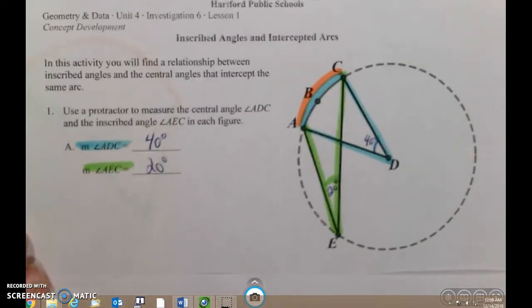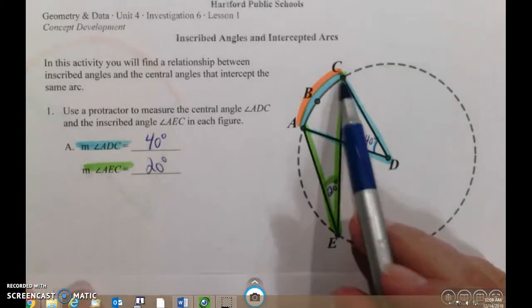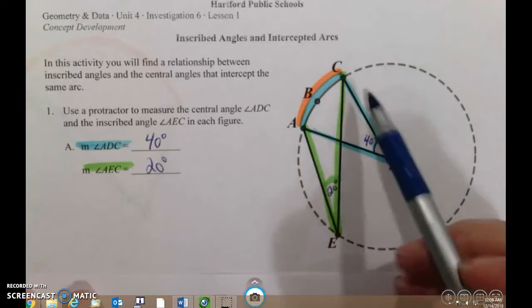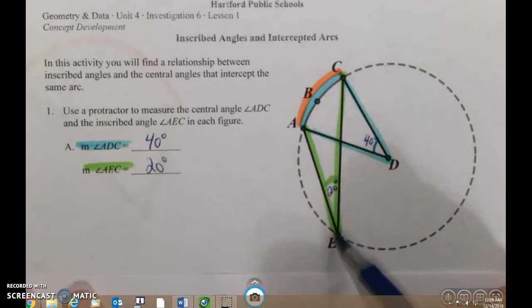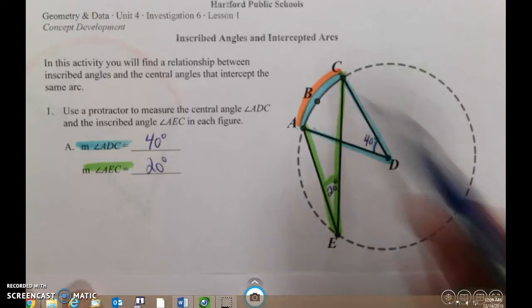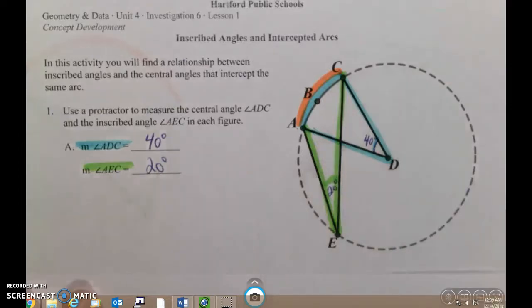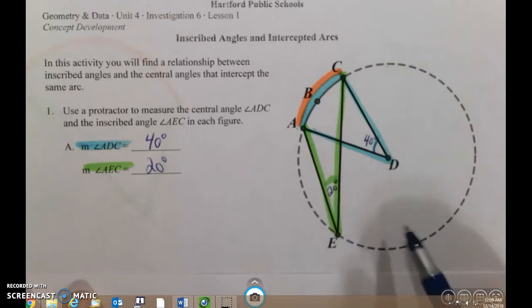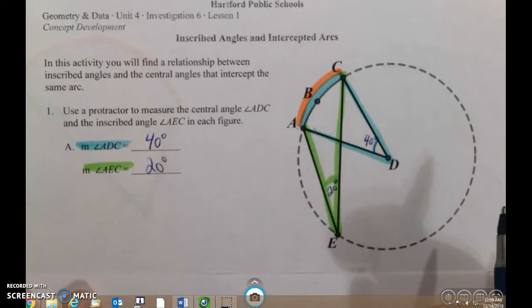In this picture, I marked out using the same colors the central angle CDA and the inscribed angle CEA, and the arc that they both intercept, arc AC. This activity is going to have you use a protractor to measure the inscribed and central angle for the next 4 or 5 examples and see if you can see the relationship. So at this time, please pause the video and use a protractor to measure all the way up through example E.